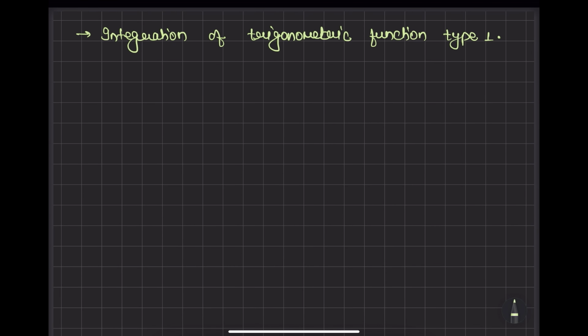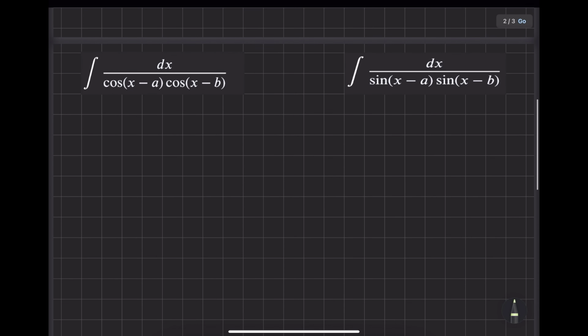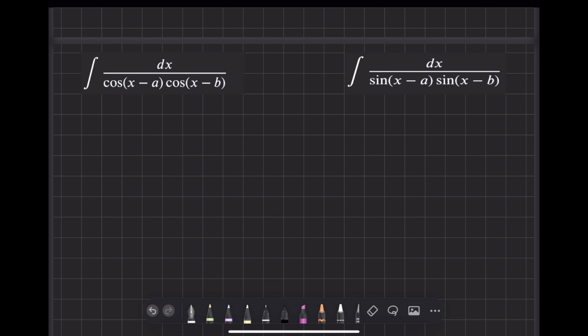So in this part we will understand how to integrate trigonometric functions of type 1. Type 1 is a random thing, but the idea is you will have a question where on the denominator you will have the same trigonometric ratio. We will have sine or we will have cos and we will have some angle associated with this.